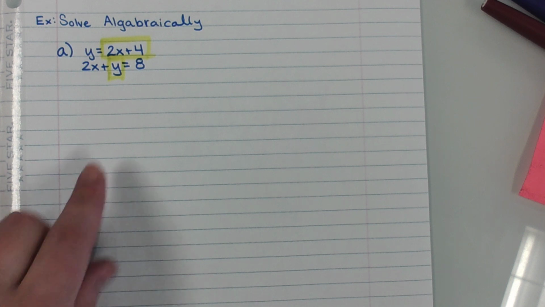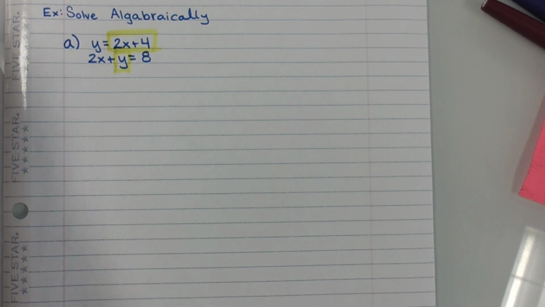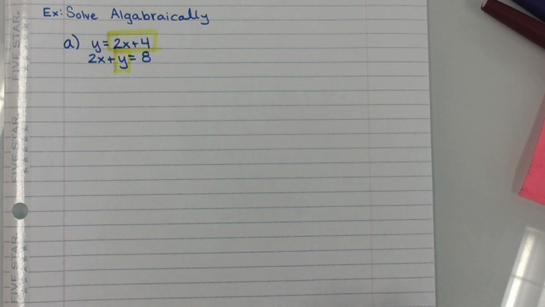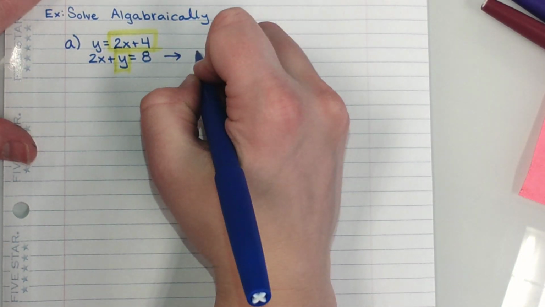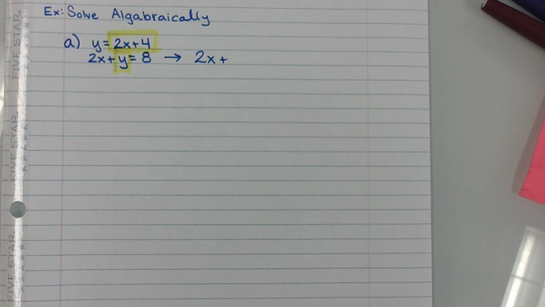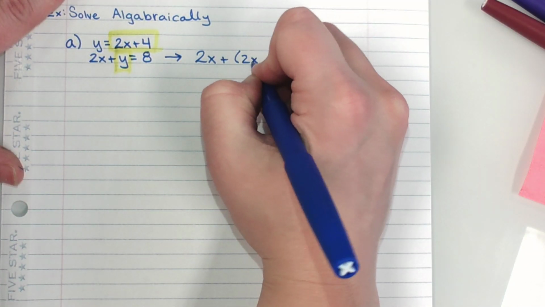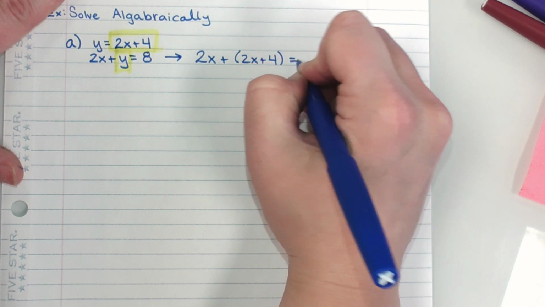Now when I do it, I have to be careful. If anything was happening to this y where I'm replacing it, I need to make sure that I'm actually taking care of that. So when you do substitution, you typically plug it in parentheses. I'm going to change this equation into 2x plus, here's where the y is that I'm replacing out, so parentheses, 2x plus 4, equal to 8.